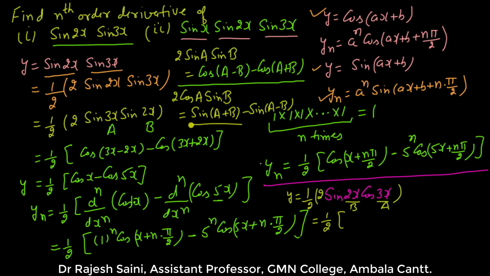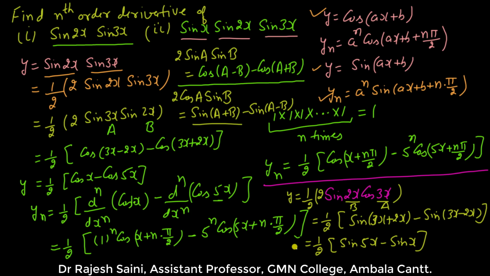So it will be sum of 2 sine, it will be 3x plus 2x minus sine a minus b, which is 3x minus 2x. So it will be 1 by 2 sine 5x minus sine x. So this is your y.